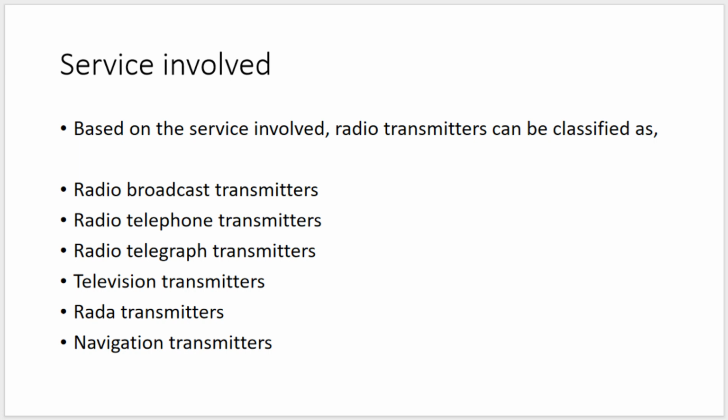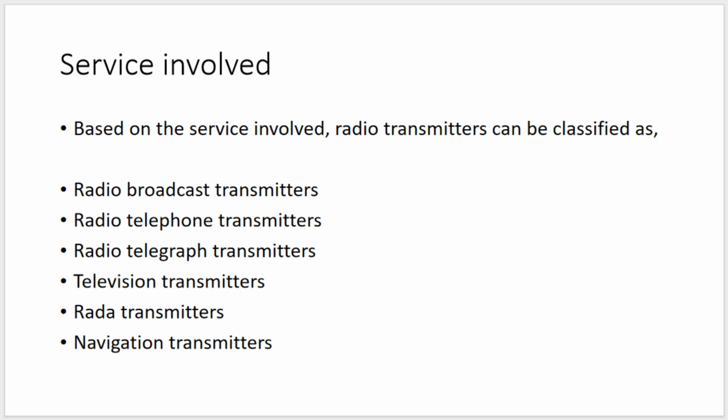Point five, radar transmitter. There are two types of radar transmitter. One is pulse radar, where we transmit pulse modulation of the carrier. The second one is CW radar transmitter, which uses frequency modulation of the carrier.